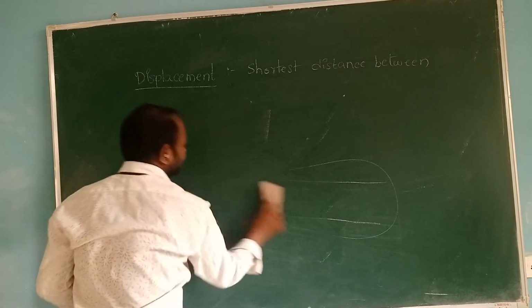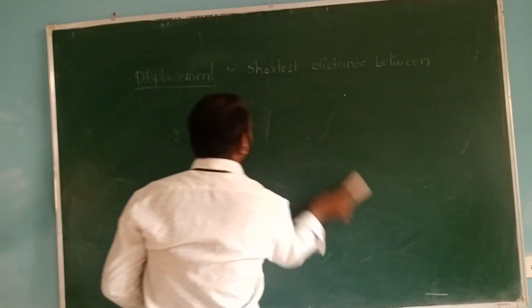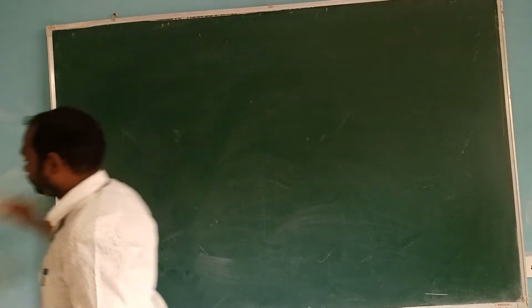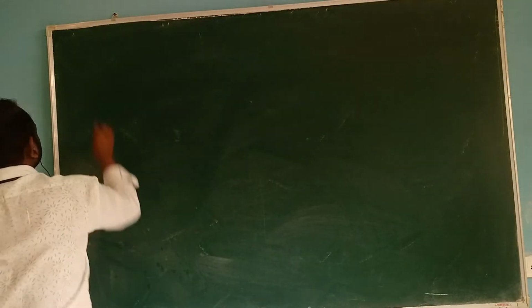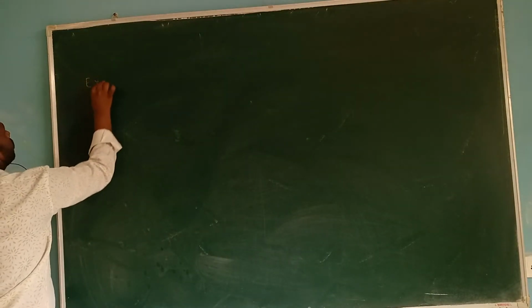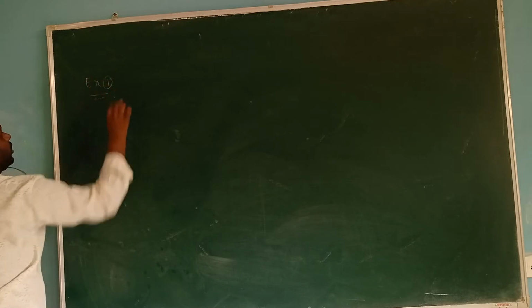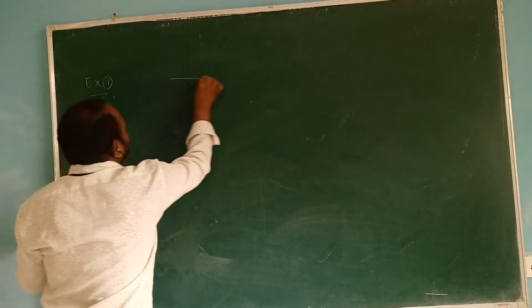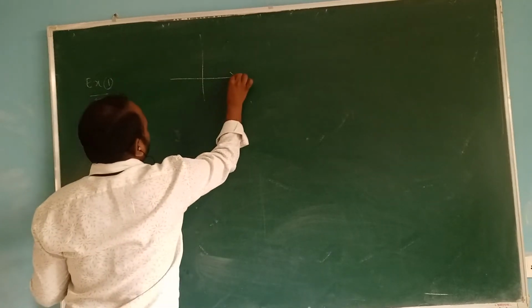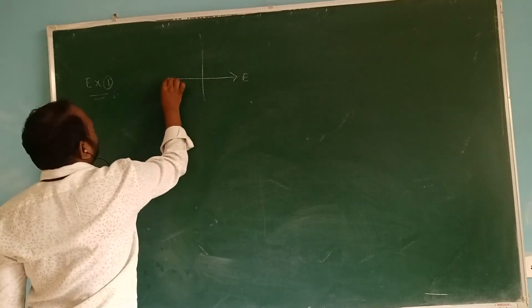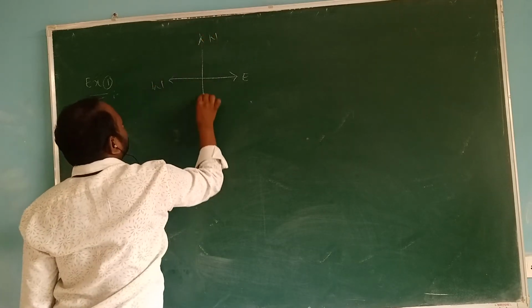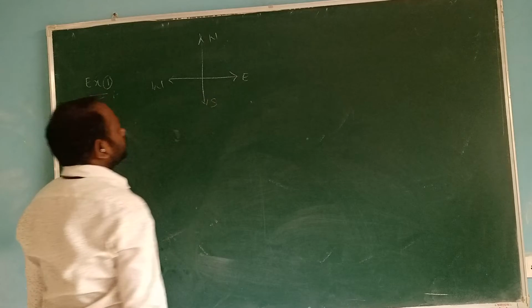So to find the distance and displacement, example 1. First of all, do you know you have four directions? East, west, north and south.